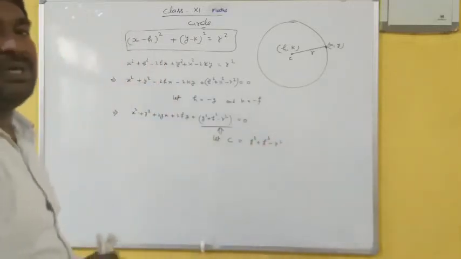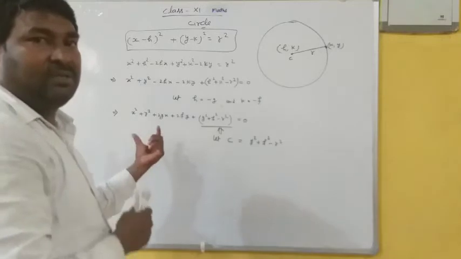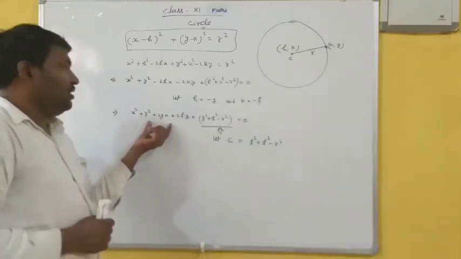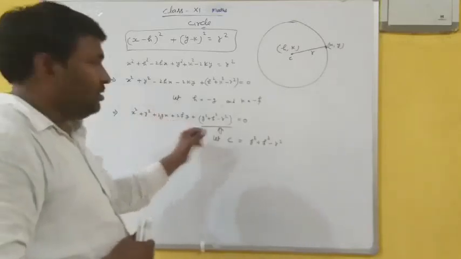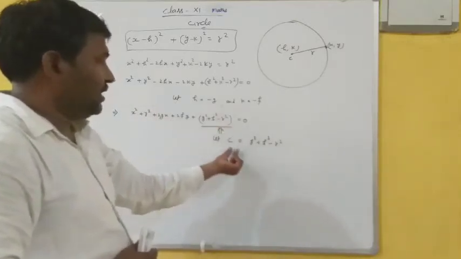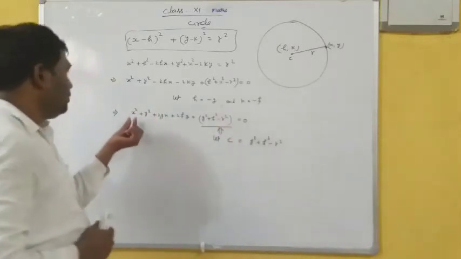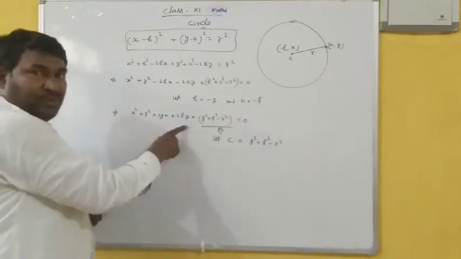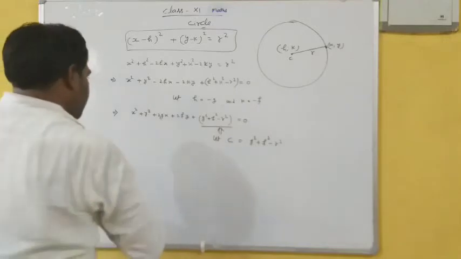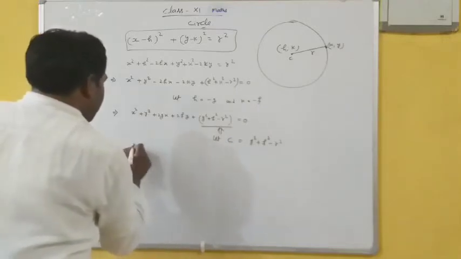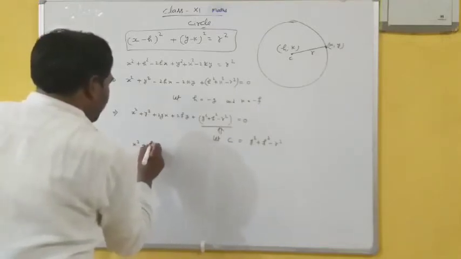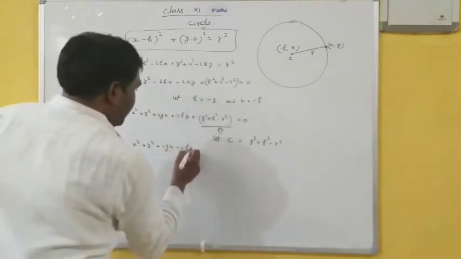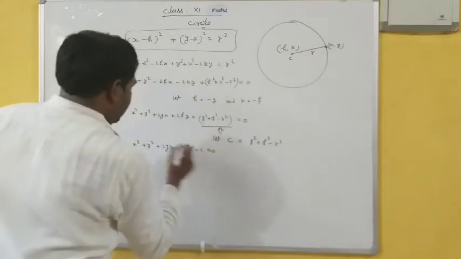c means a constant quantity in an equation. In an equation of second degree, whatever the constant quantity is, that is c. So x square plus y square plus 2gx plus 2fy plus c is equal to 0.